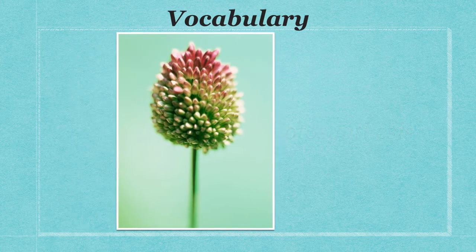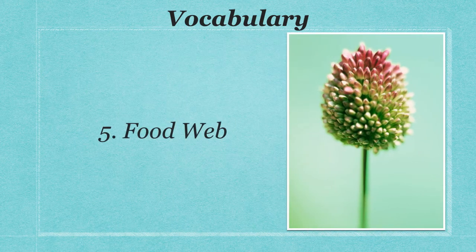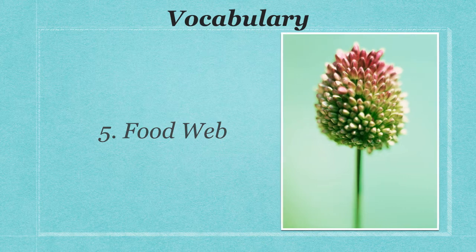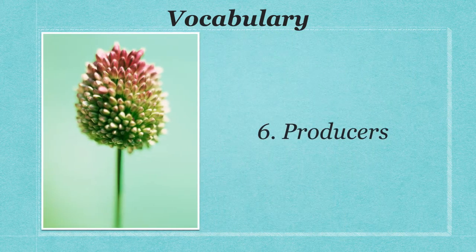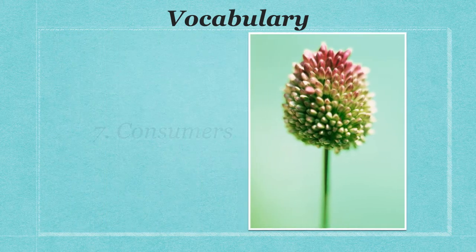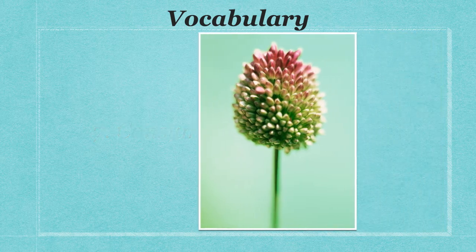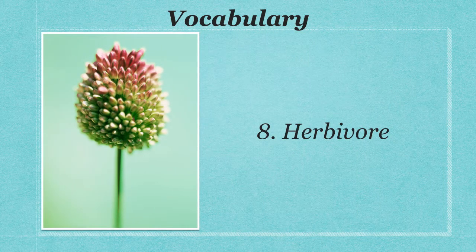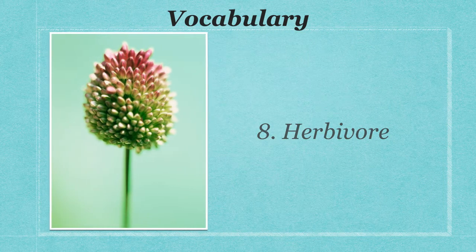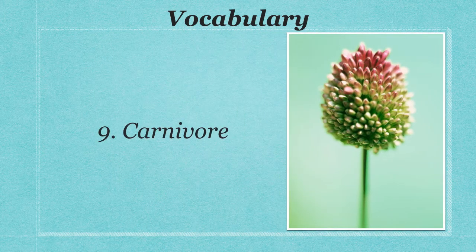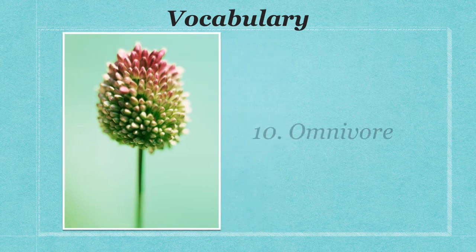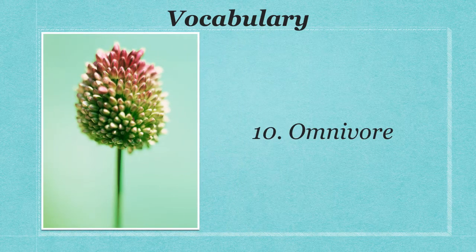Number 5, we have food web. 6, producers. 7, consumers. 8, herbivore. 9, we have carnivore. And lastly, number 10, we have omnivore.